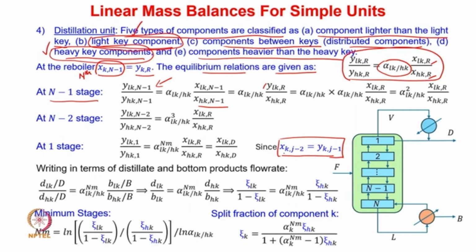You can see the mole fraction of the liquid coming into the J minus 1 stage should be the same as the mole fraction of the vapor going out from the J minus 1 stage, isn't it?